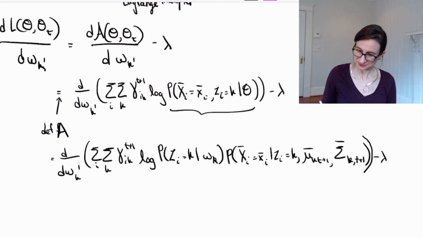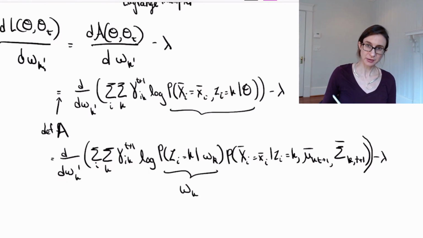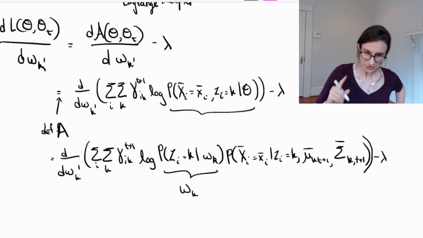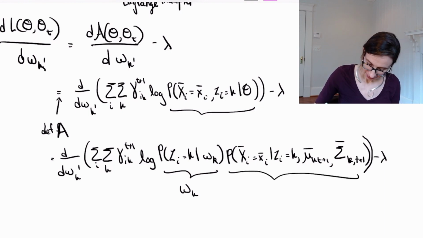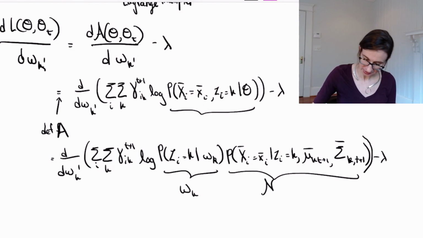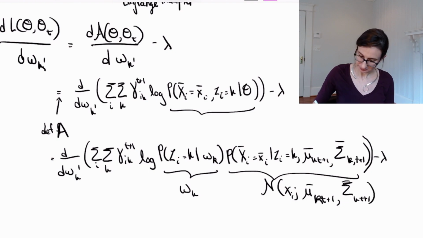There we go. And now this guy is going to be WK. That's the quantity we're interested in, but just for K prime, not for all the K, just K prime for this particular derivative. And then this one is a normal distribution, as we know. Okay, so let's just put that all together.